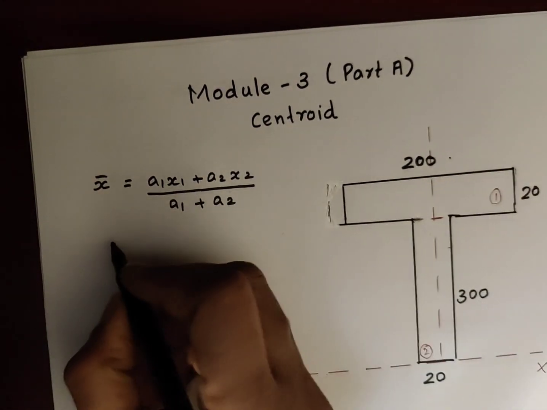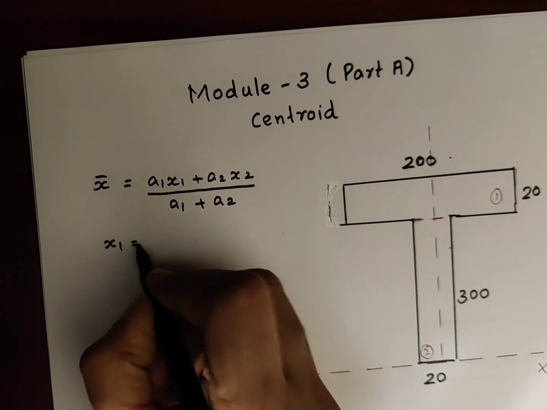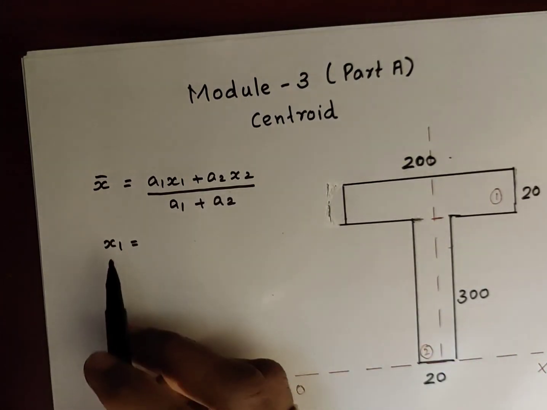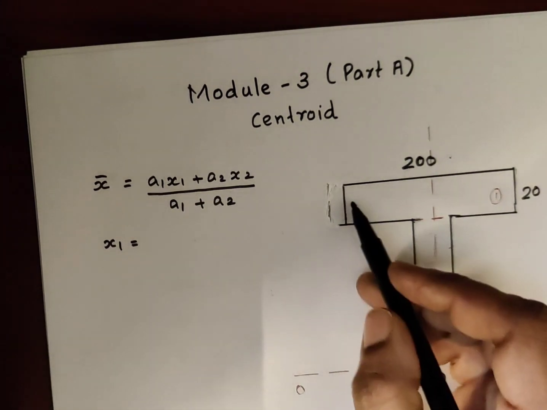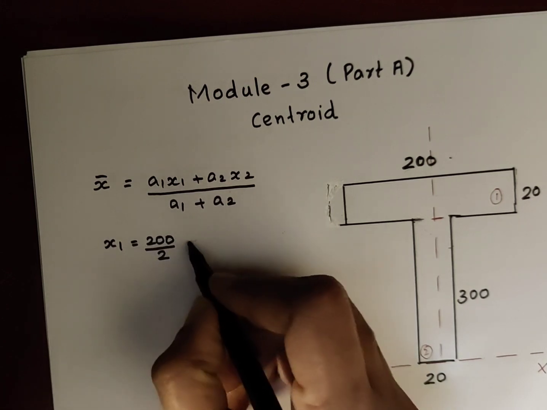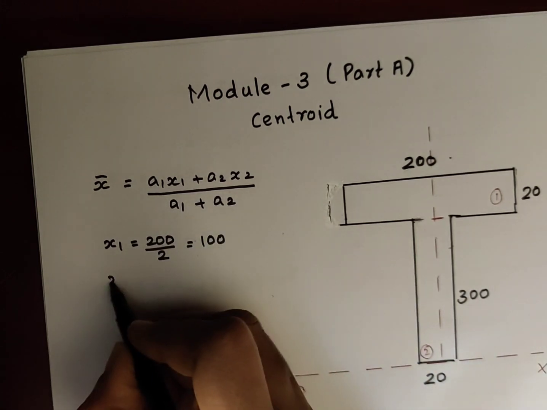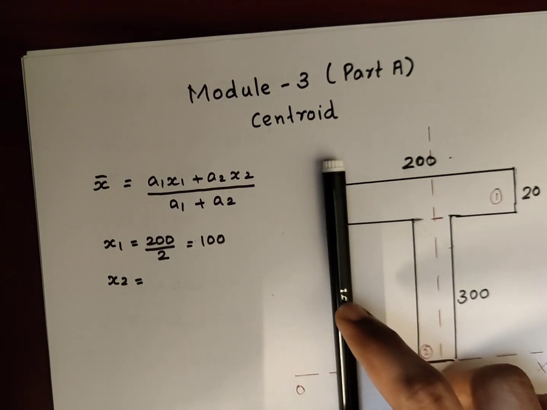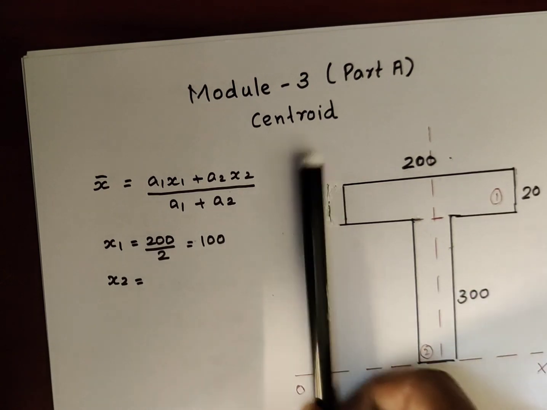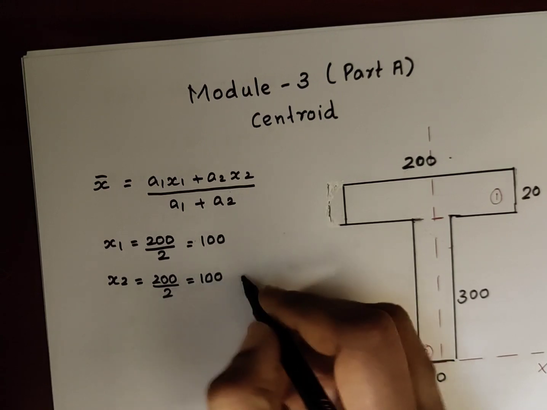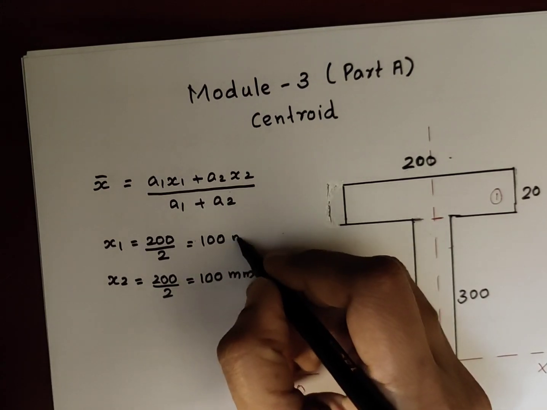And now in this equation, x1 is usually measured with respect to the extreme left line. So based on that extreme left line, x1 is 200 by 2, that is 100. Again x2 is also measured with respect to this line. This length is also equal to 200 by 2, that is 100. You can assume all the dimensions in millimeter.